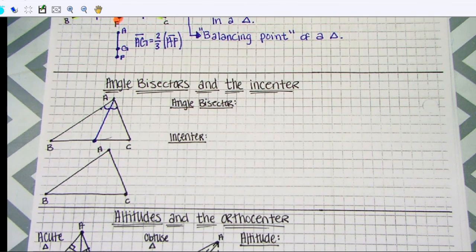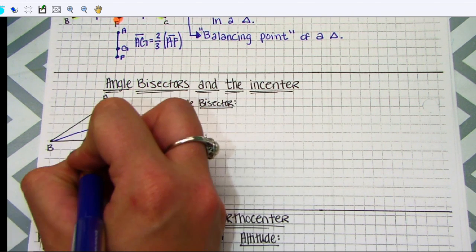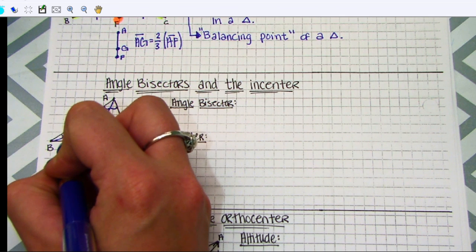So that's an angle bisector. B is going to end about here. So you connect it, and it's not going to be perfect. We don't have protractors.